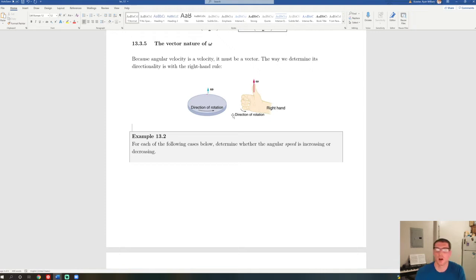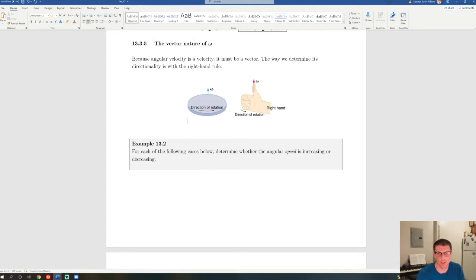And I will put in words here our convention, because this is something that's important to remember, especially when we're talking about angular accelerations. I'm going to say that our convention is that when something is rotating clockwise, its angular velocity will be negative, right?